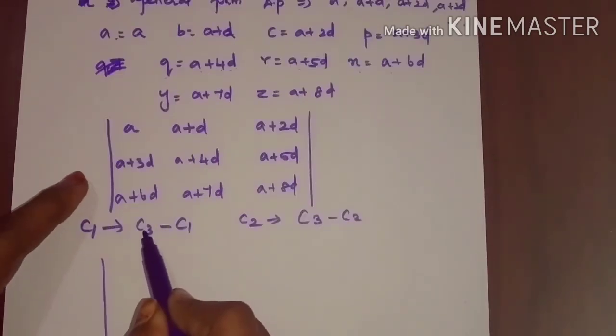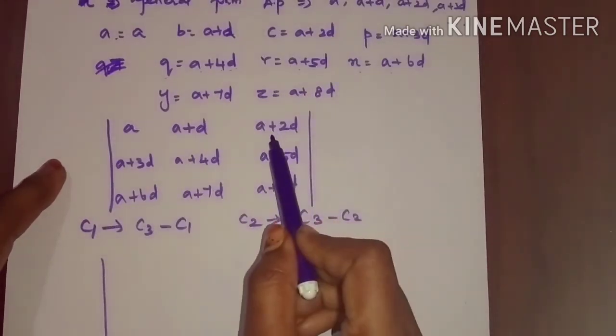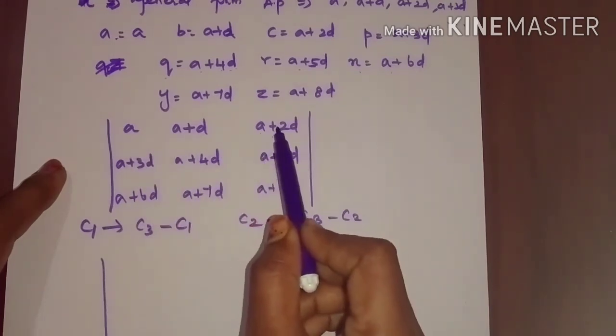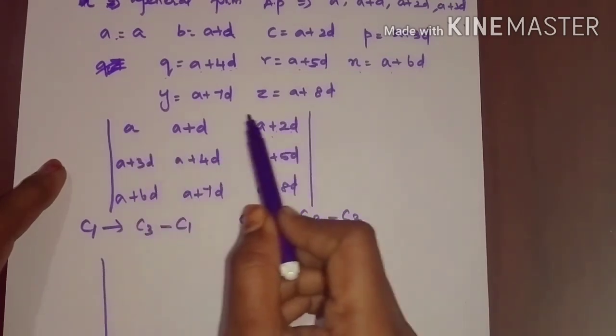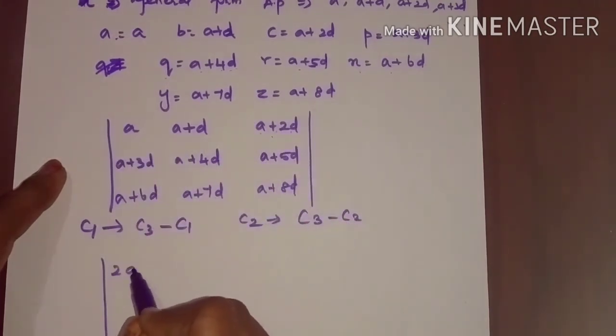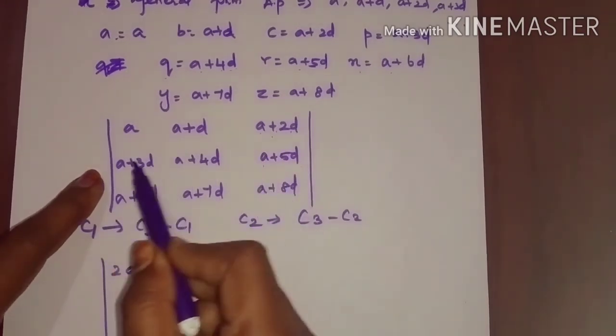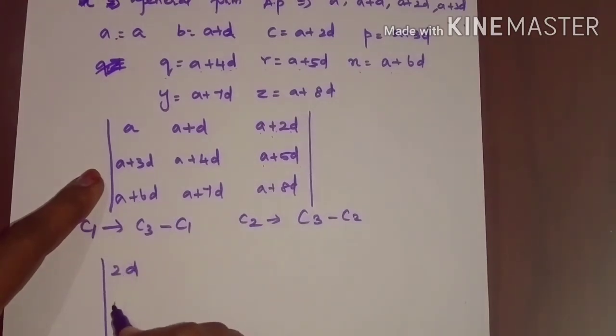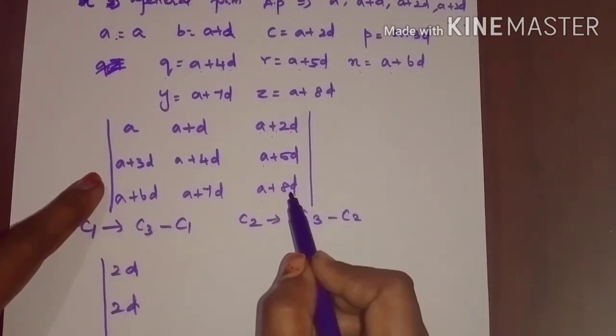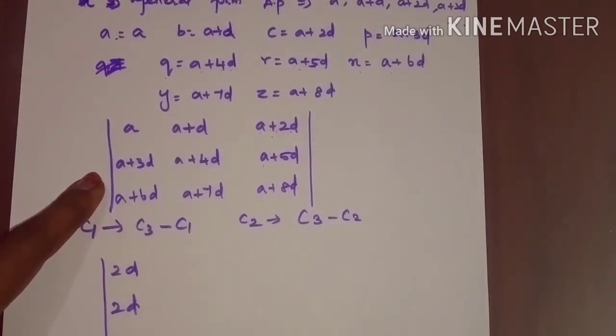In column 1, we are going to subtract column 3 minus column 1. So A plus 2D minus A, the A and minus A will get cancelled and we get 2D, and A plus 5D minus A minus 3D, A minus A will get cancelled and 5D minus 3D will get 2D again. A and A will get cancelled, 8D minus 6D will get 2D again.